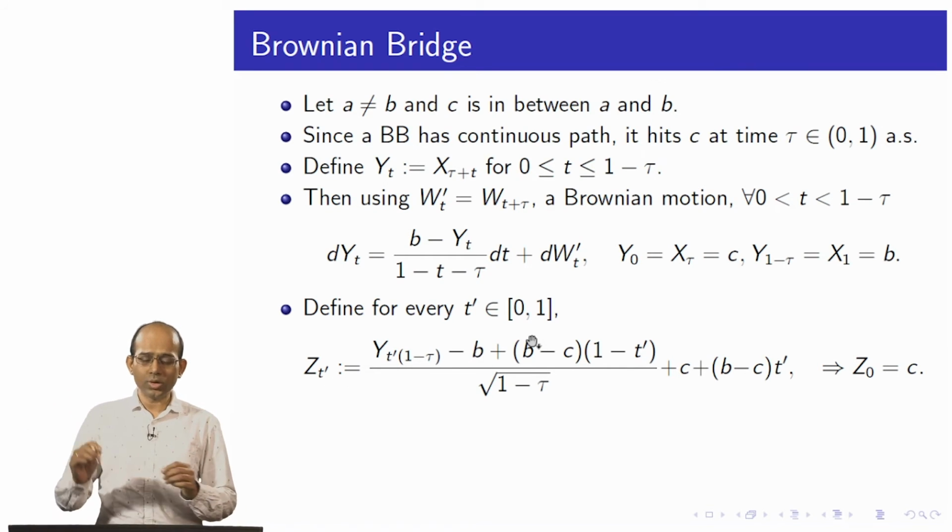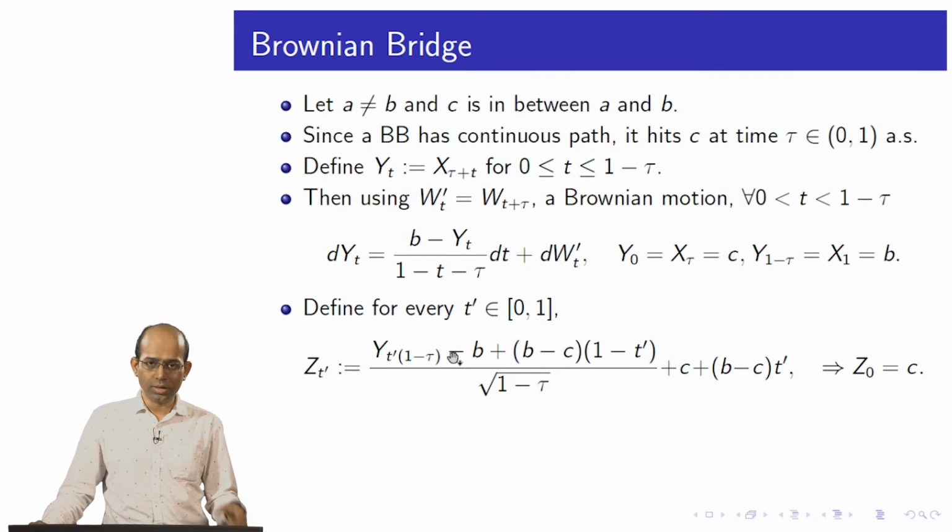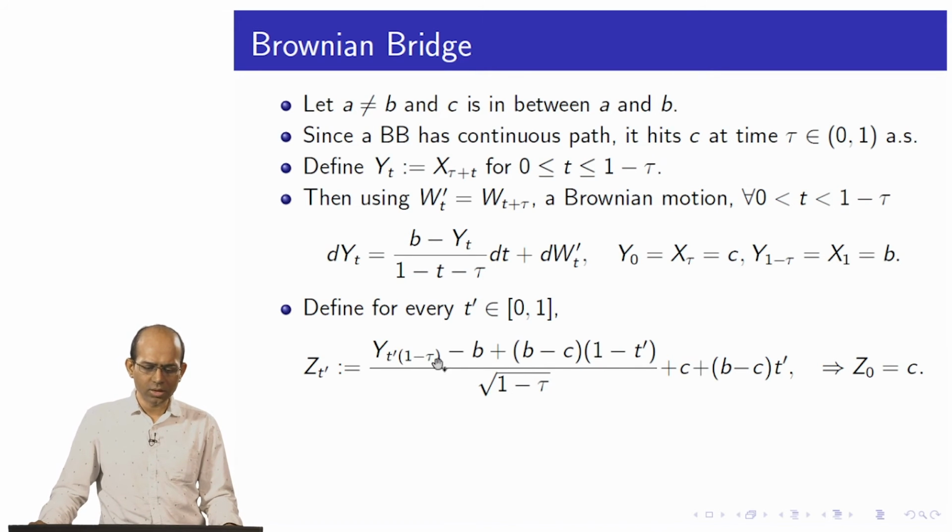However, we also need to adjust this a little more. So, y of t prime into 1 minus tau minus b plus b minus c times 1 minus t prime, divided by square root of 1 minus tau. Okay. So, this depends on tau, of course, that is expected. So, here tau appears, plus c plus b minus c t prime. Okay.